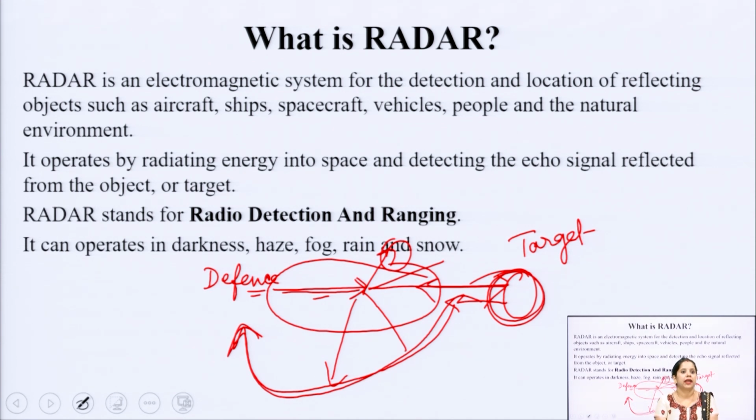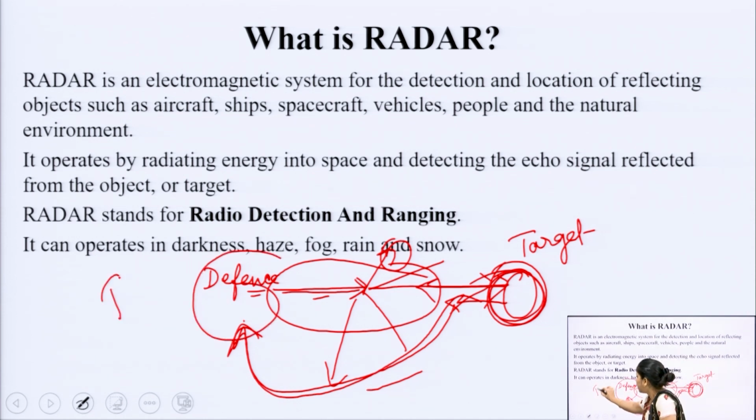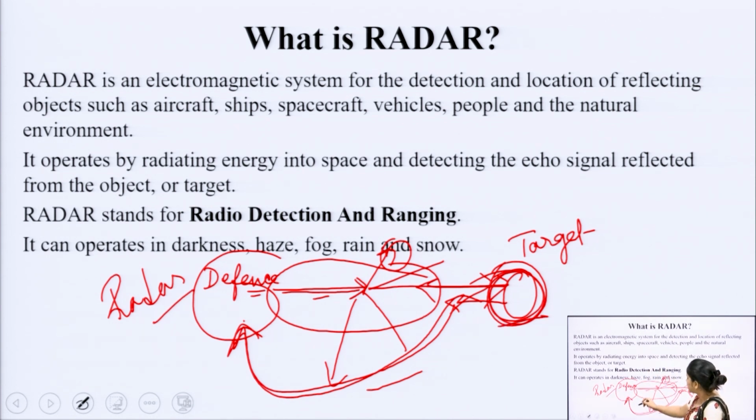What does it mean? This radar is based on the electromagnetic wave system and it is used for the detection and the location of the reflecting object, because if this is a target, the signal goes on to this target, and when this signal is reflected, it is taken by the radar for detecting the target. And since this is all in electromagnetic waveform, we can say that radar is an electromagnetic system.